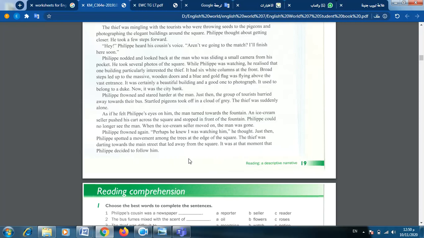He decided not to leave him. He decided to follow the thief until he could catch him.